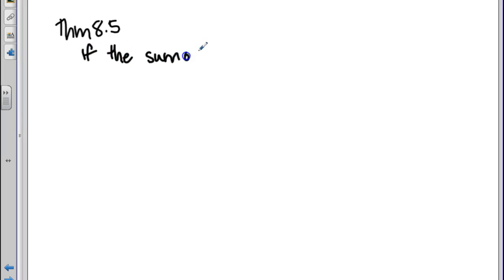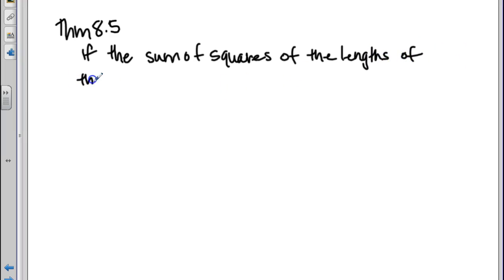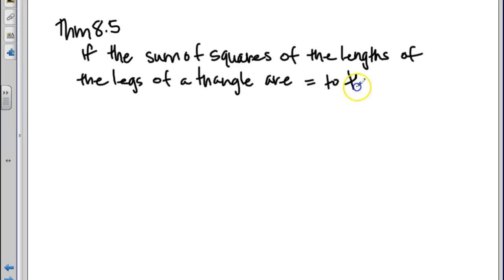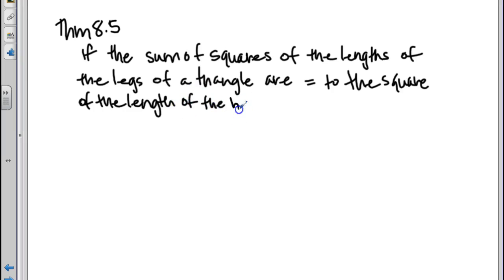If the sum of the squares of the lengths of the legs of a triangle are equal to the square of the length of the hypotenuse, then the triangle is a right triangle.